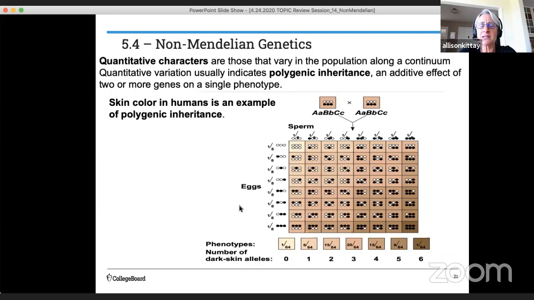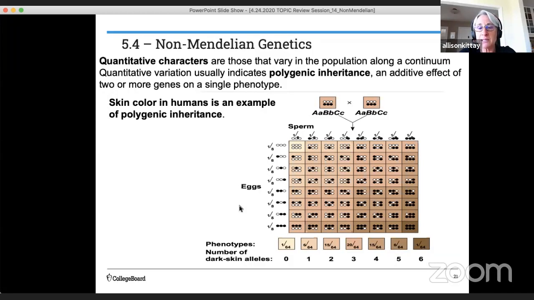It's anything that is along a continuum, like height or skin color. And in other organisms, it might be things like the number of seeds or seed weight, that kind of stuff.